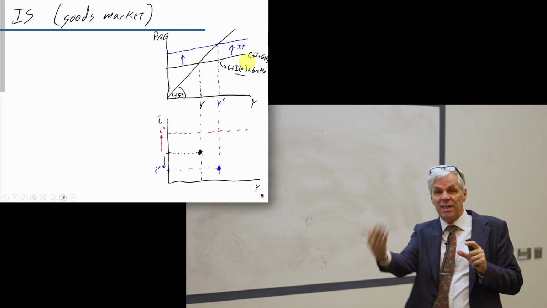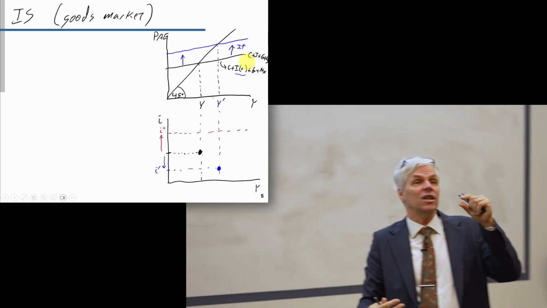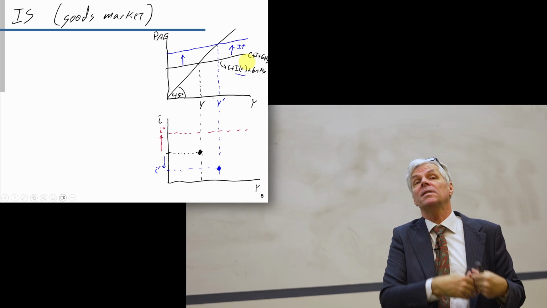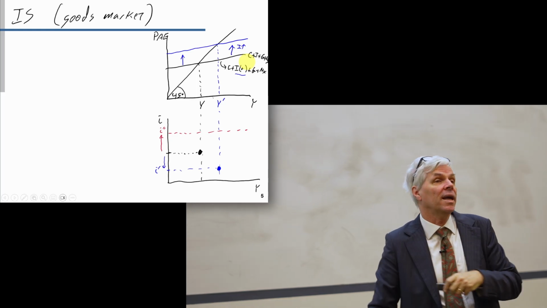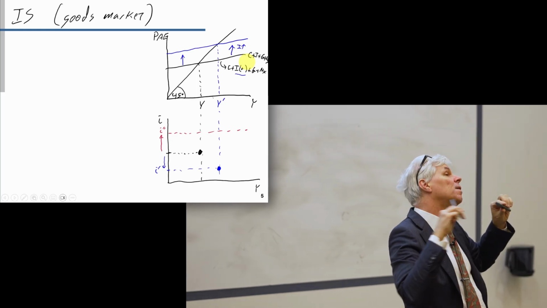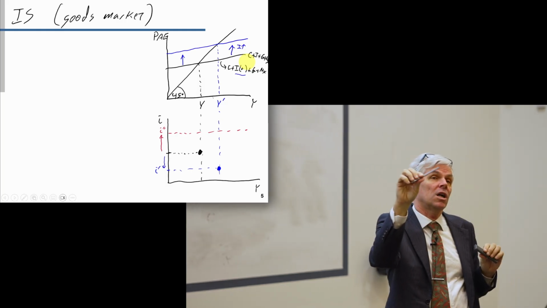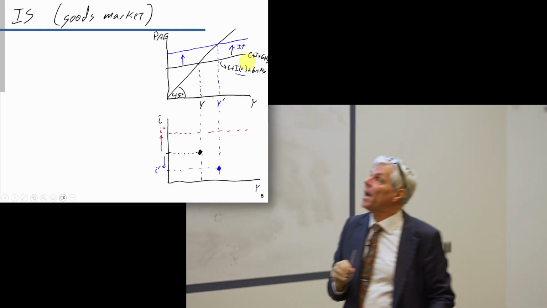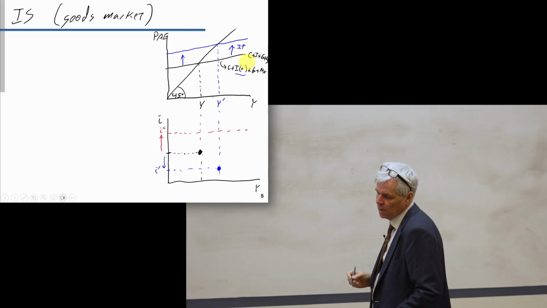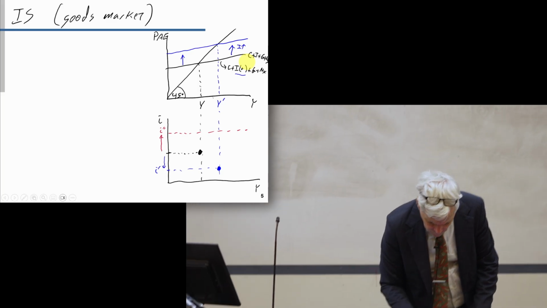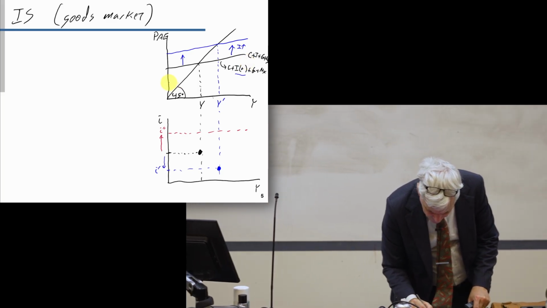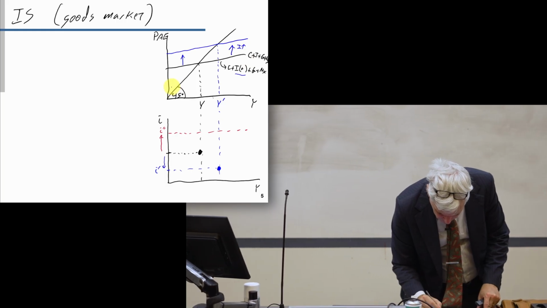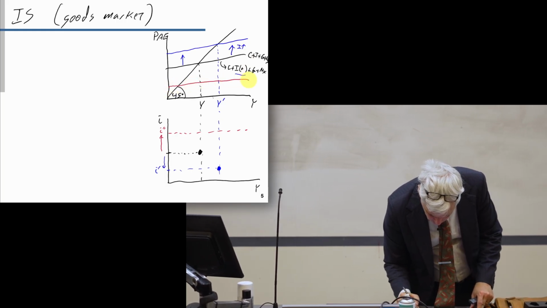Now the interest rate is 15%, and I'm only going to get a 12% return on my investment. It's not worth doing. So when I increase the interest rate, some investment projects are no longer going to be worth doing, and I'm going to cut back on investment. So I'm going to get a shift down in this curve. I'm going to shift it down a lot, just to make room.